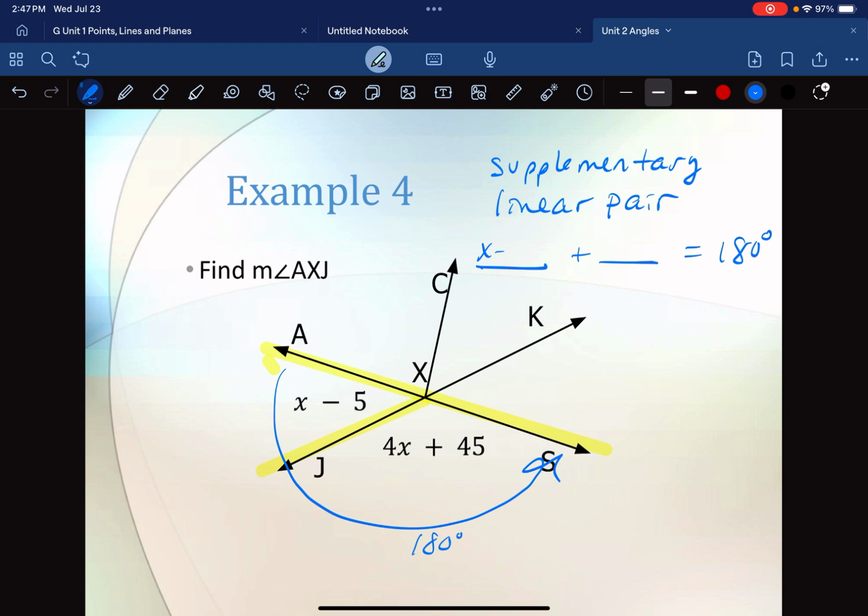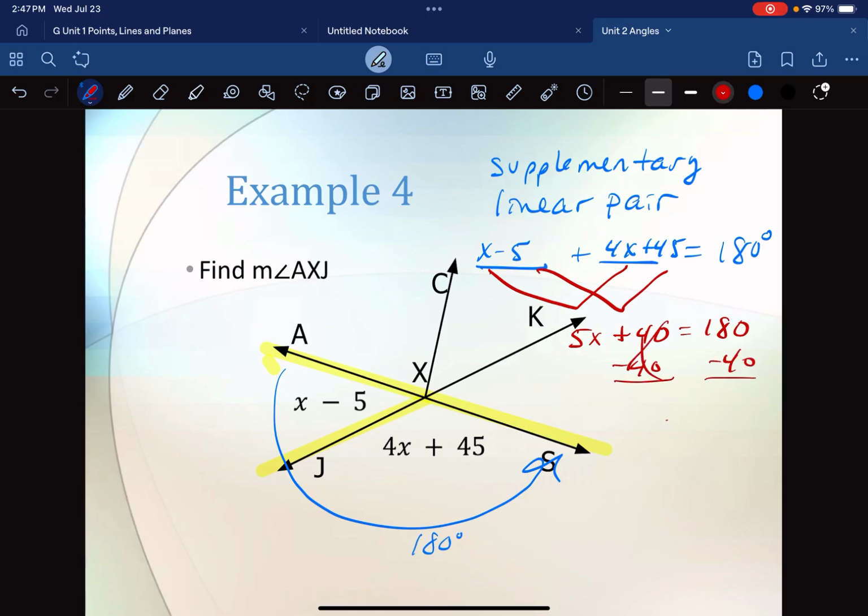So we have an x minus 5, and we have a 4x plus 45. So on the left, we got an x and a 4x. Those make 5x. And I got a negative 5 and a 45. That makes a positive 40. Then I'll minus 40. 5x left on the left, 140 on the right, divide by 5.